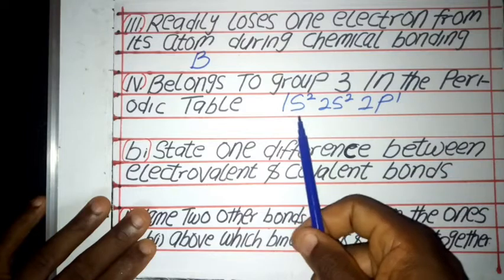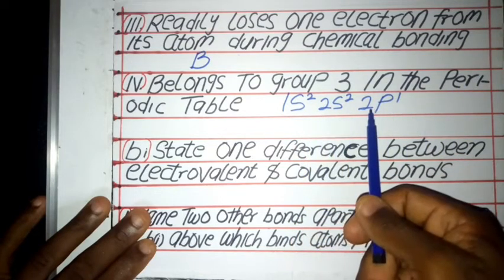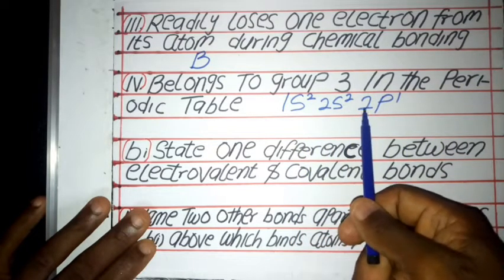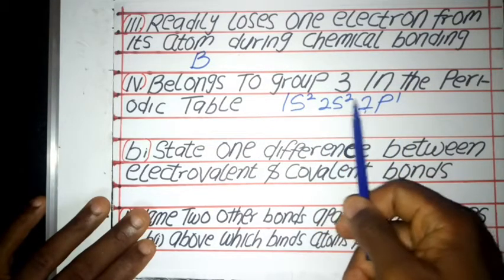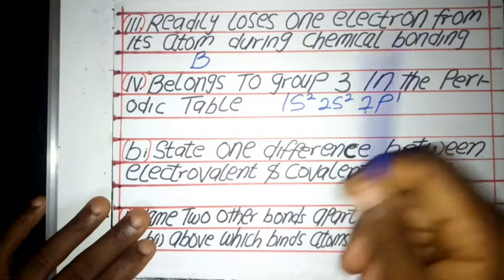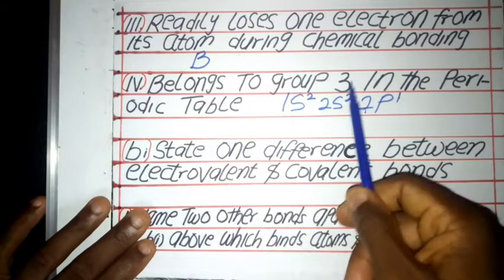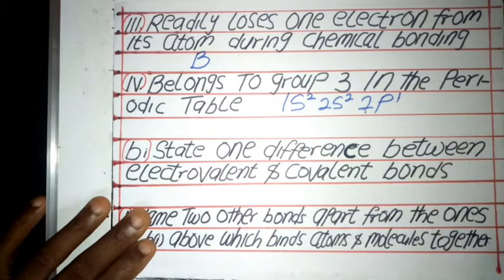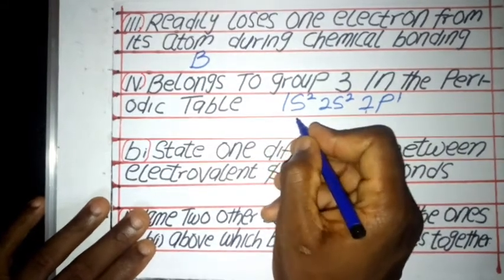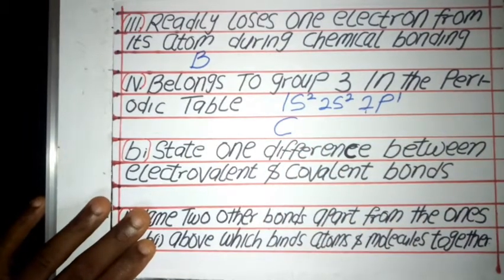But after writing the atomic configuration, this first number here is the period. But for the group, since these two are the same energy level, you add this and this to get the group. So 2 plus 1 is 3. That's why the answer to this question is C, which is boron. Boron is in group 3 of the periodic table. Another example of an element in that group is aluminium.